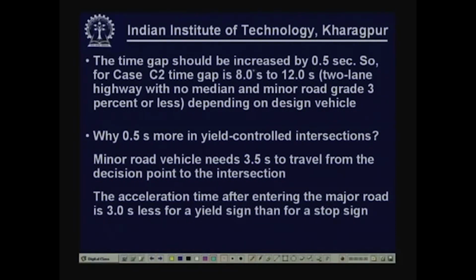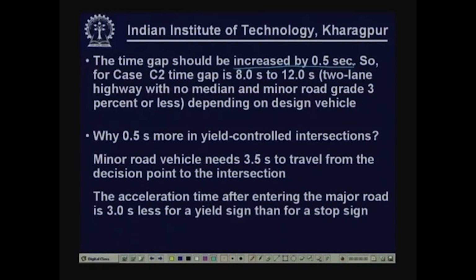So, earlier value for stop control intersection was 7.5 to 11.5. In this case, it is 8 seconds to 12 seconds, again depending on design vehicles, and this range is for two-lane highway with no median and minor road grade 3% or less.